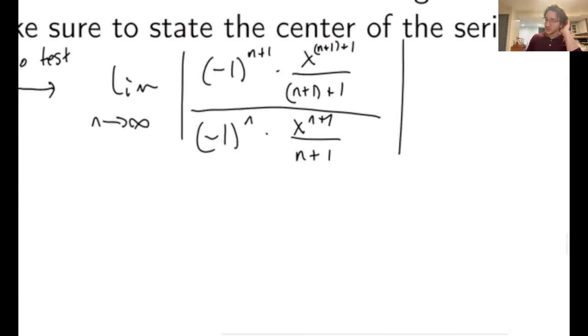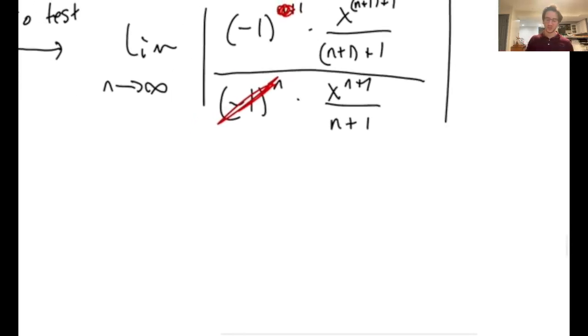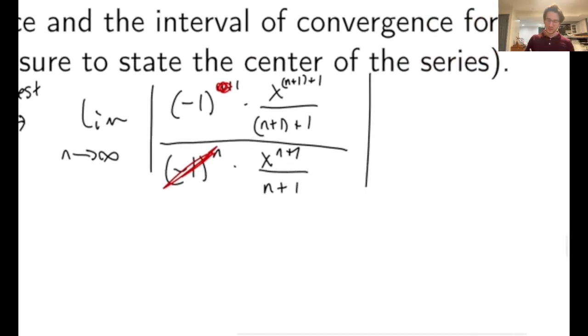So let's look at this limit. We get a lot of cancellation, which will always happen with the ratio test. So when I look at this, I see -1 to the n cancels with almost all of those, and then the absolute values will get rid of that last -1 anyway. So let me rewrite this.